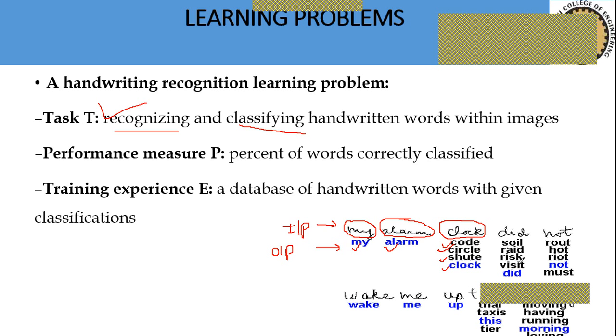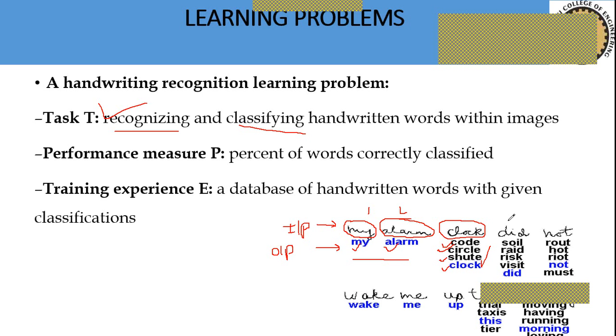Which word fits in this sentence? So take the first words, that is "my alarm". On the basis of the first and second words, we select clock, as there is a higher probability that the third word is clock as compared to code, circle or shuit, because the previous two words are "my alarm".